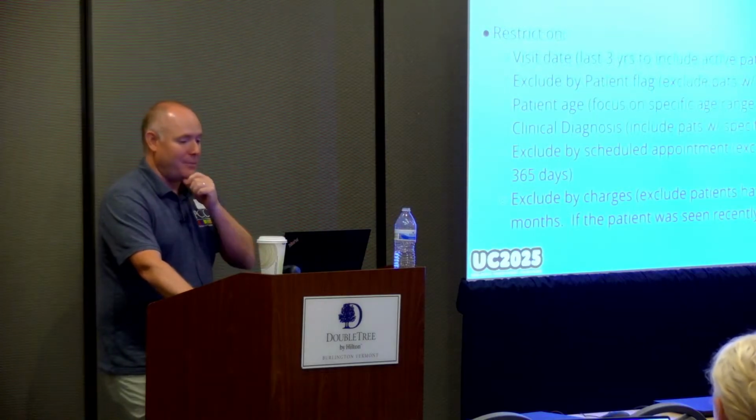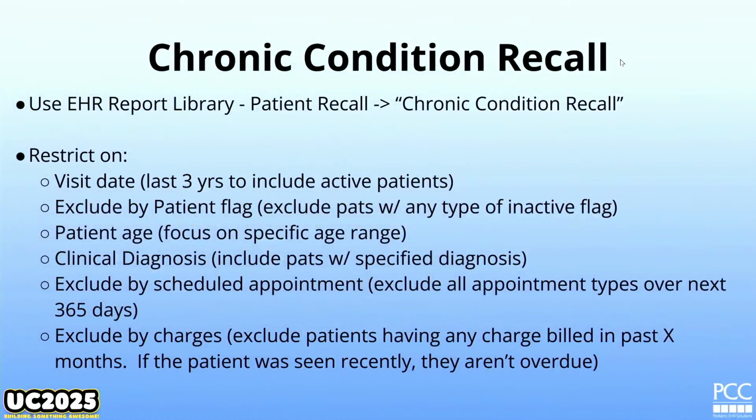We'll also go through an example of a chronic condition recall. Very much the same. You use that chronic condition recall report in the report library, and the only difference is it has a clinical diagnosis restriction. So you can say, show me kids that have ADHD, or kids that have depression, or any specific condition that may have not had a visit in X number of months.